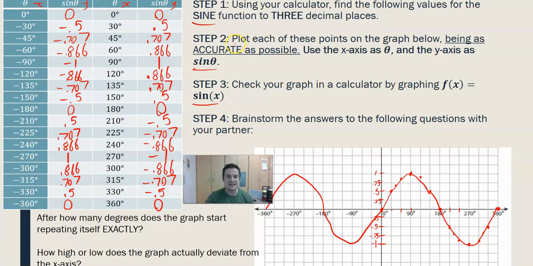So that is my sine parent graph. Step 3 says check your graph in a calculator by graphing f of x equals sine of x. If you do this in a graphing calculator, you'll want to make sure that your calculator is in degree mode and that your window spans between negative 360 and positive 360.